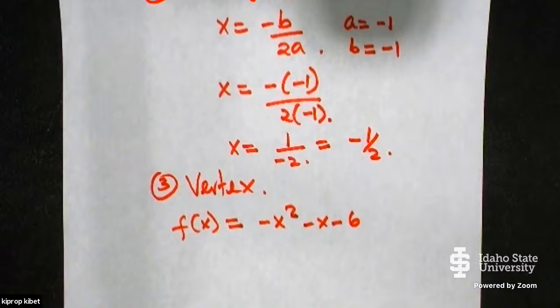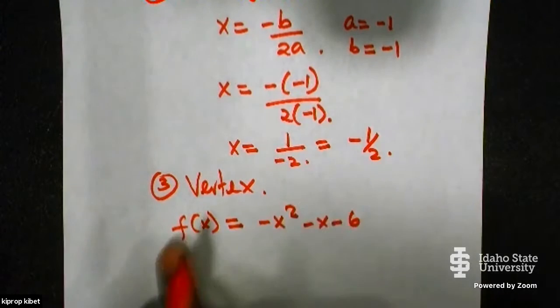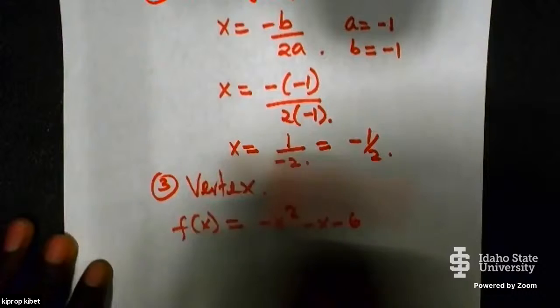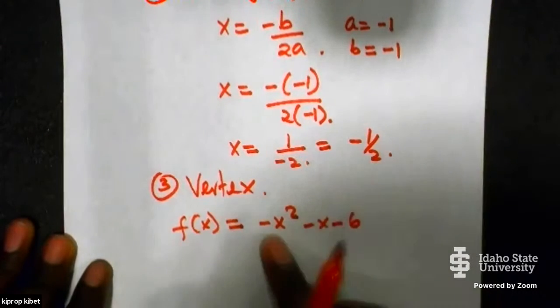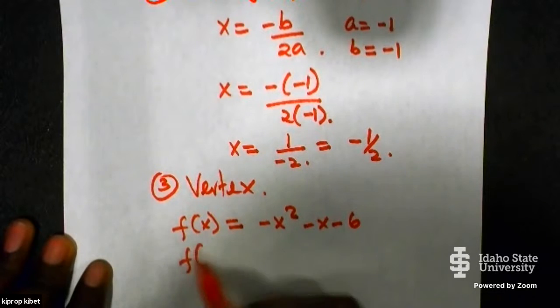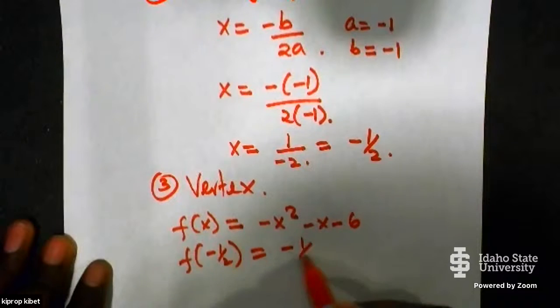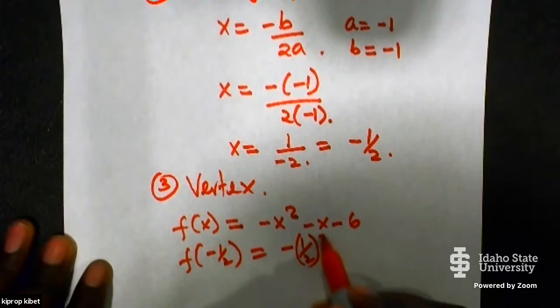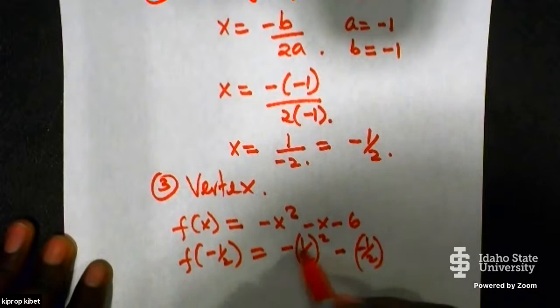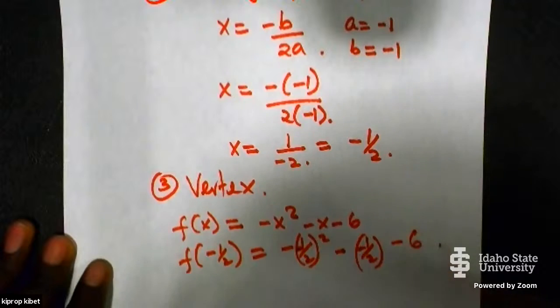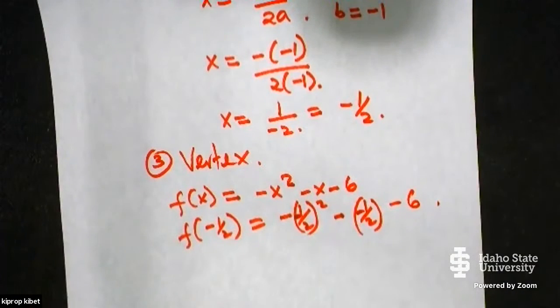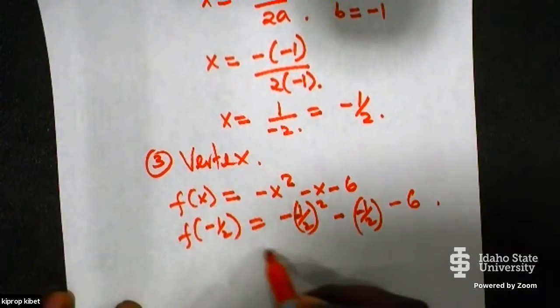So to get the vertex, we bring the value of x from the axis of symmetry. So f of minus 1 over 2 equals to minus, minus 1 over 2 squared, minus, minus 1 over 2, and then minus 6. You should be able to get there.